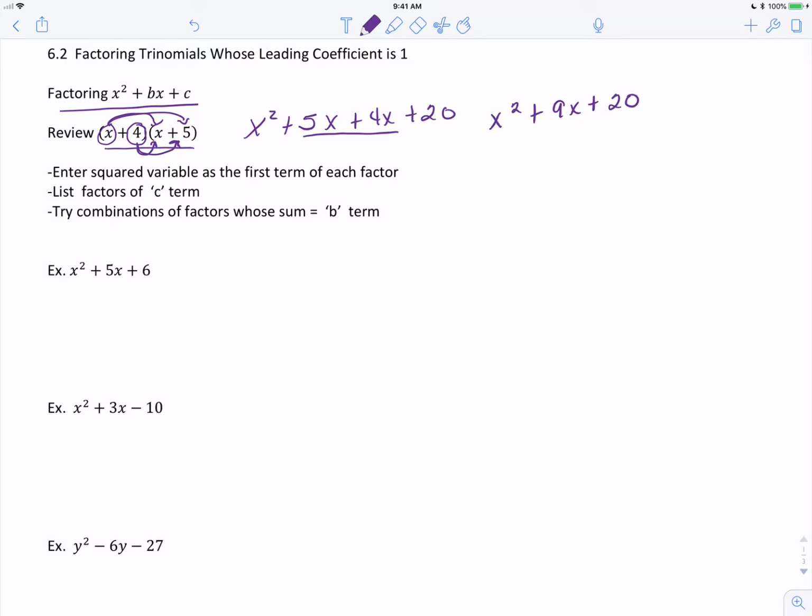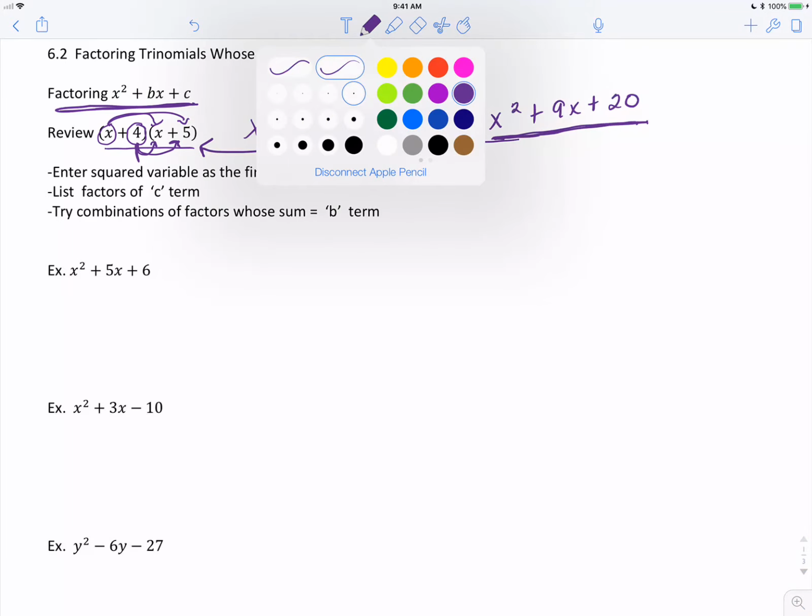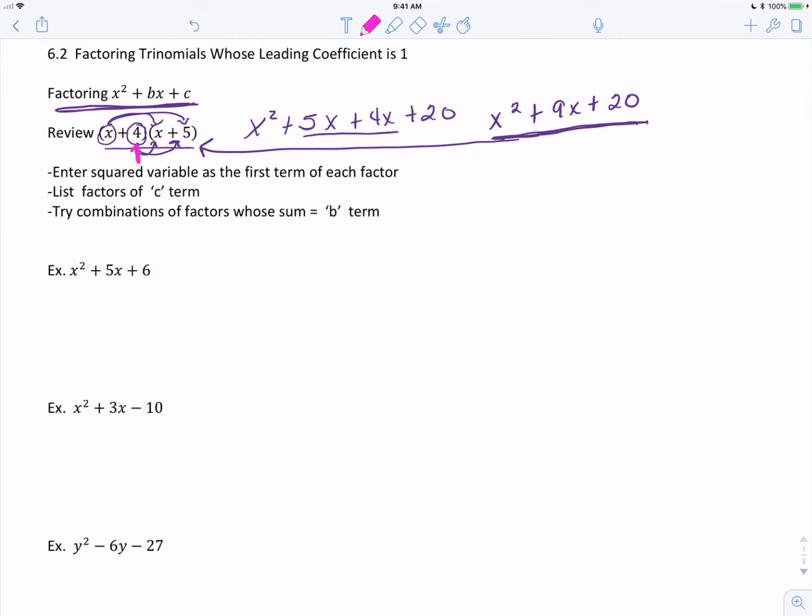Well, now notice we're given this format right here. We're factoring in this format. So we're going to take this and create these two binomials. So we've got to figure out what two numbers need to go in here to create these binomials that, when multiplied out, become this.